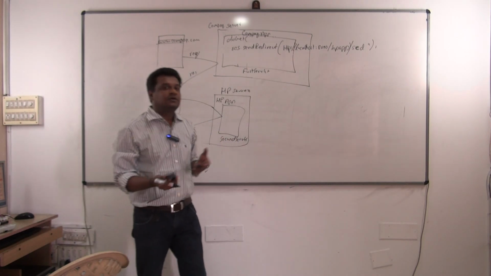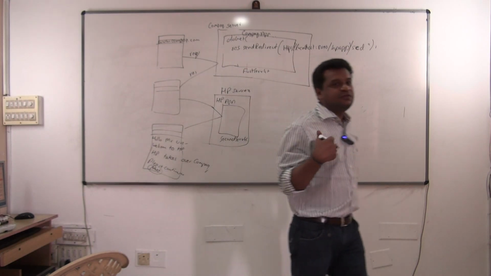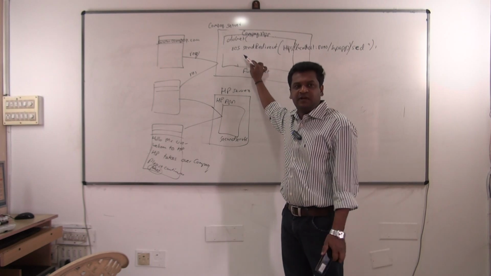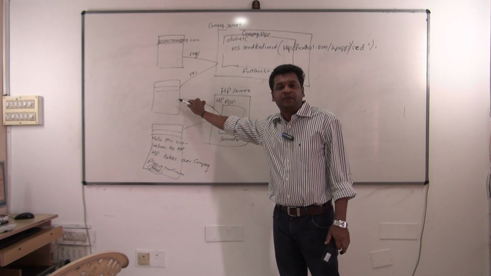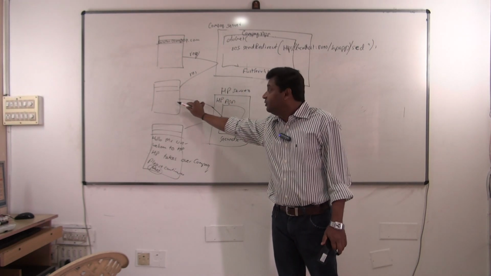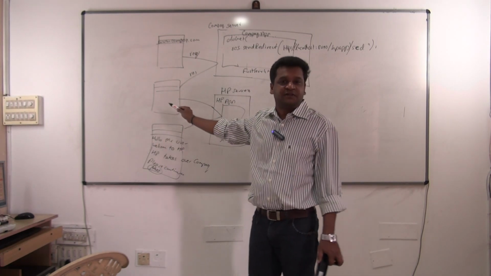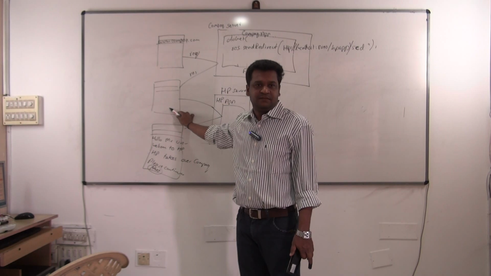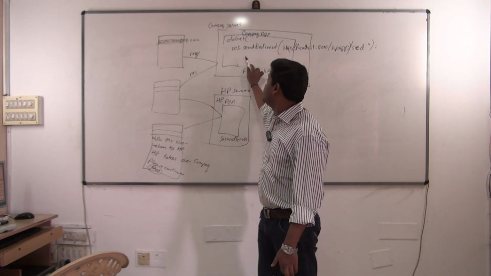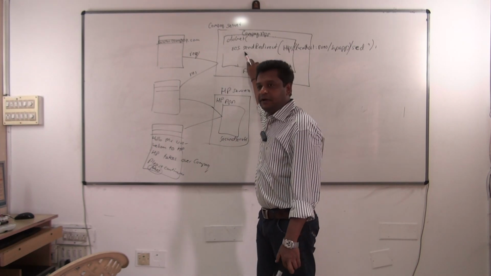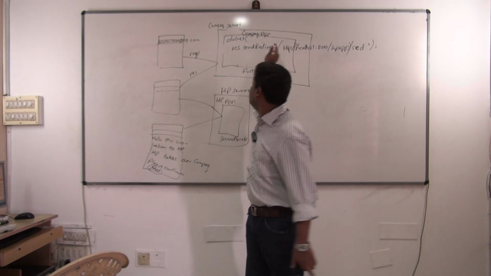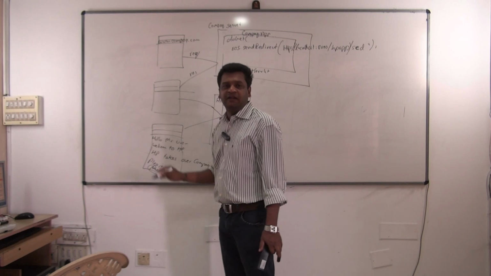Clear? So here what happens? The request will go first, when the user types, to one application, to one server, and the response will be given. The user will not make the second request. The second request is automatically generated. What is this method going to do? It will give back the response, and in the header this URL will come automatically.